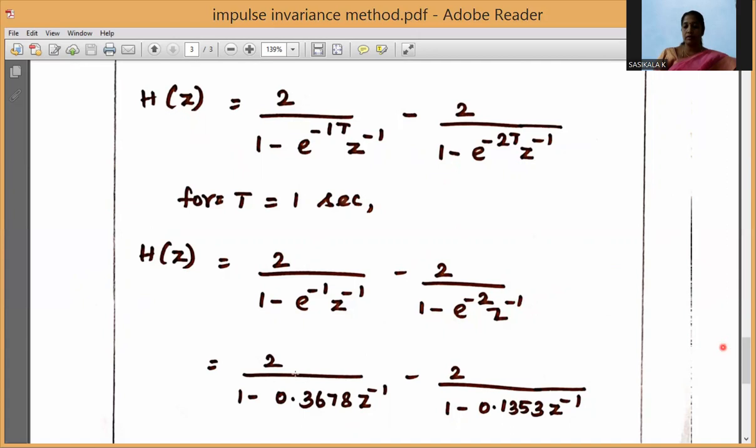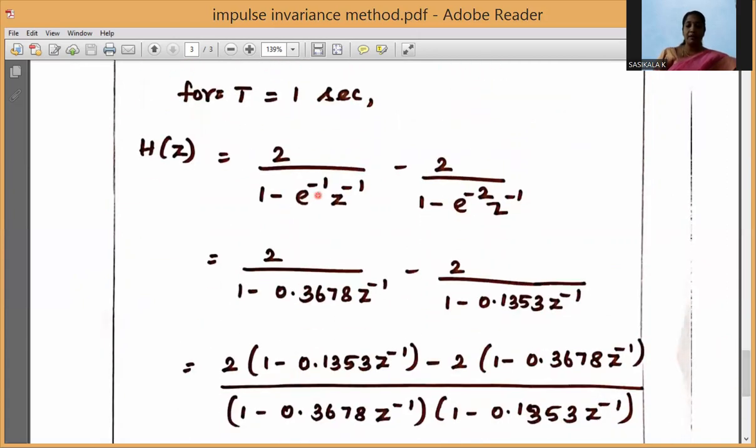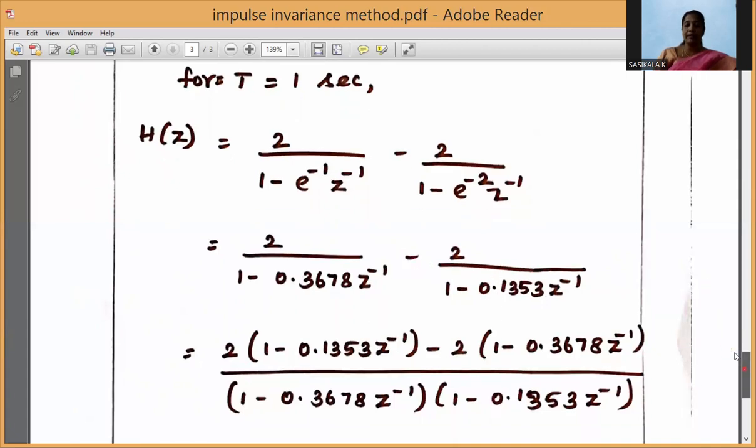Okay, so you need to find out the value of e power minus 1 in the calculator. So 2 divided by (1 minus e power minus 1's value, 0.3678 z inverse), minus 2 divided by (1 minus e power minus 2's value, 0.1353 z inverse). Now what we have to do is take the LCM.